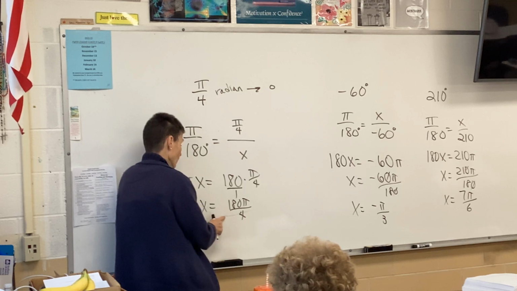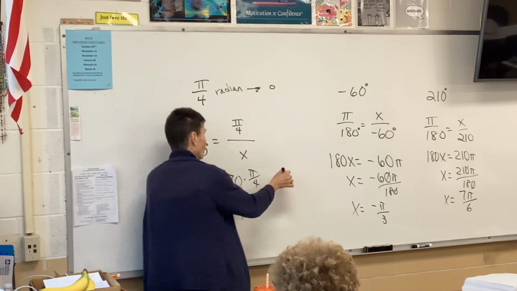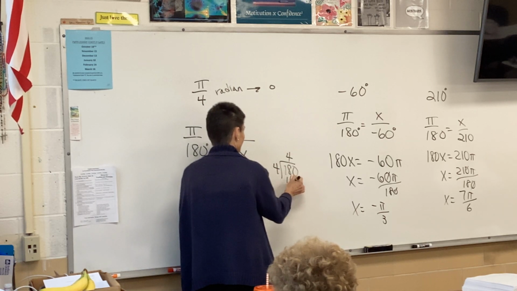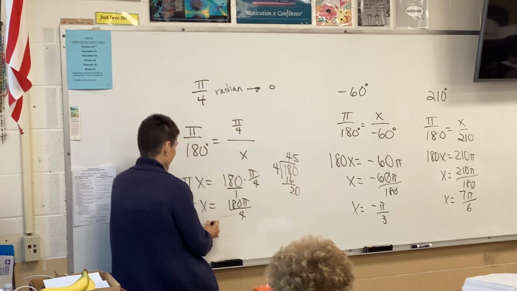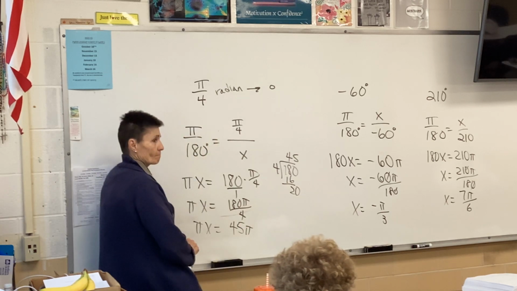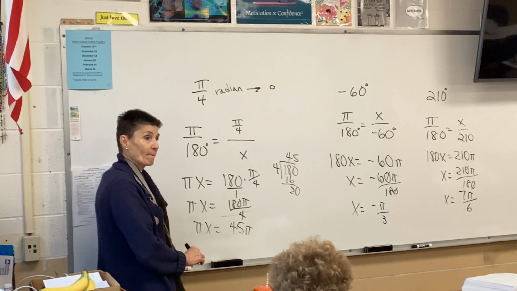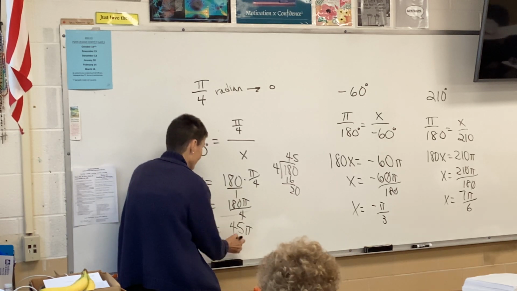Ooh, there's no zeros to cancel this time. But does 4 go into 180? So pi x equals 45 pi. What do you think I'm going to do now? Divide by pi, so x equals 45 degrees.